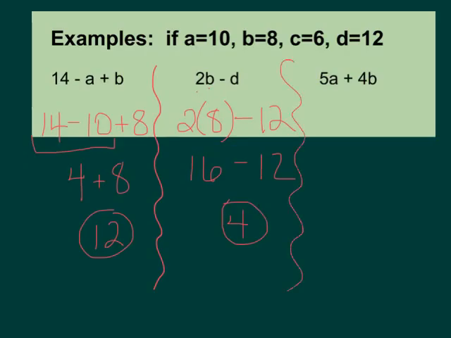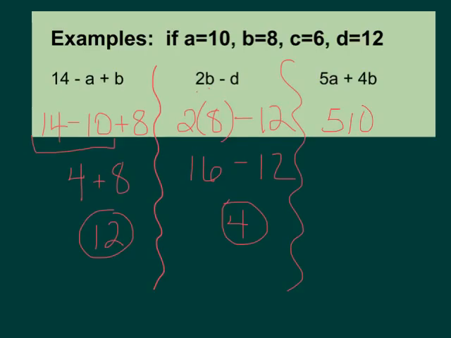One more example. The expression given is 5a plus 4b. Remember, a and b could be anything. In this specific problem, they want us to use a equals 10 and b equals 8. So, 5a, 510, is that correct?